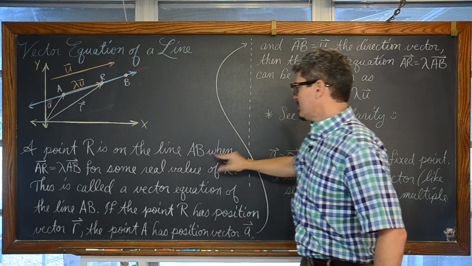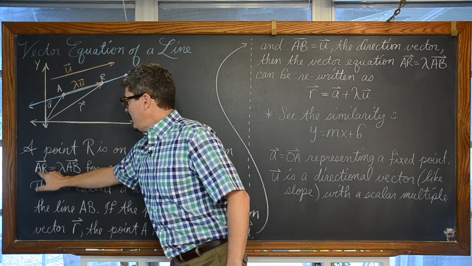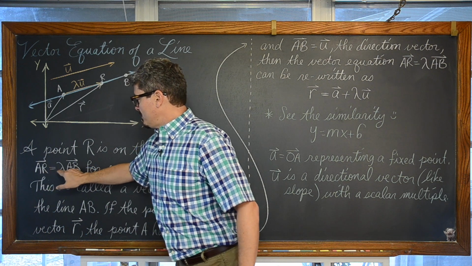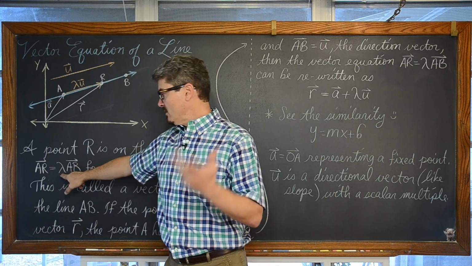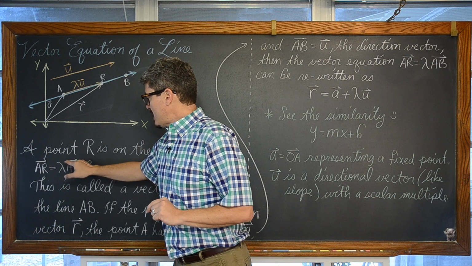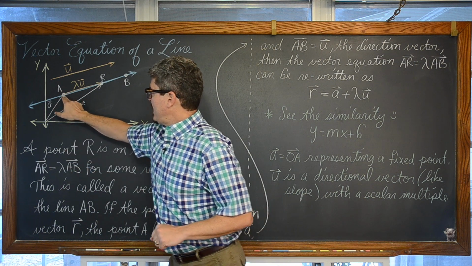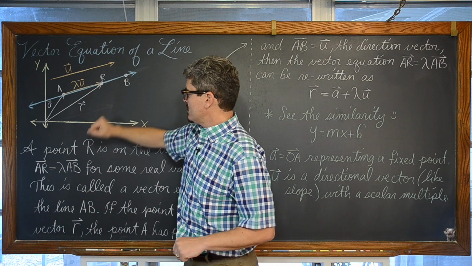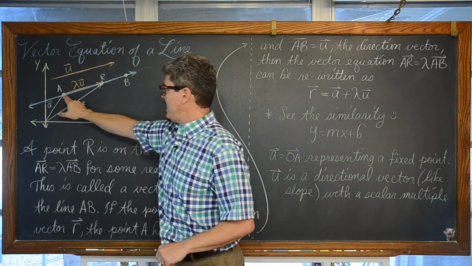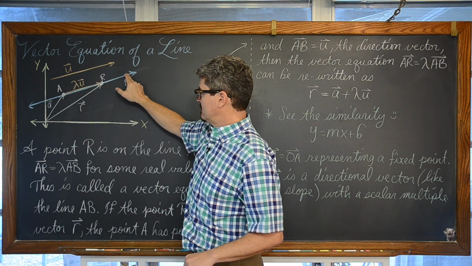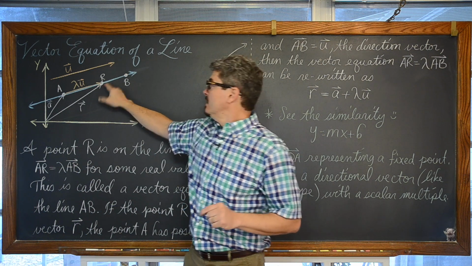A point R is on the line AB when vector AR is equal to some kind of scalar multiple, here we're just using the Greek letter lambda, times vector AB. So if vector AR is equal to lambda times vector AB, then this point R is on that line.